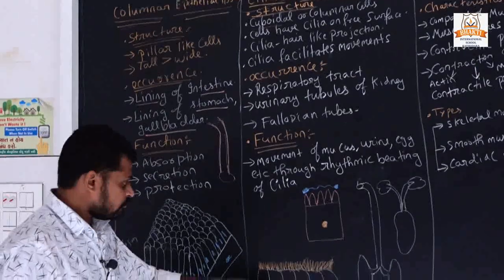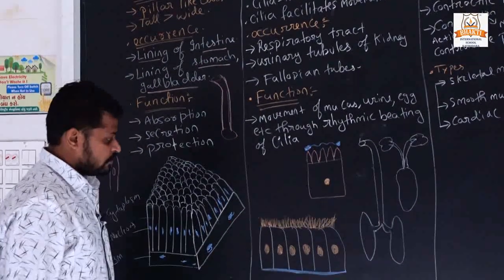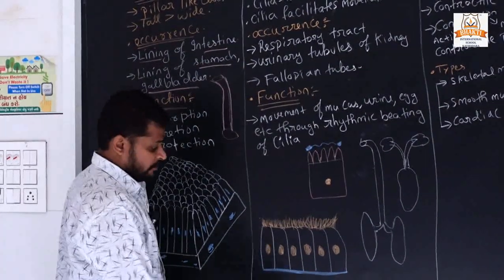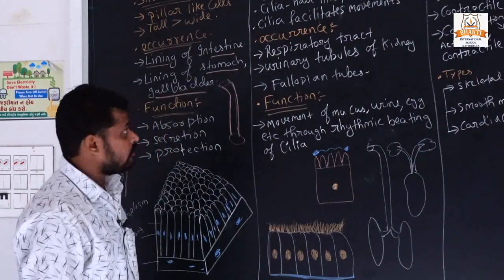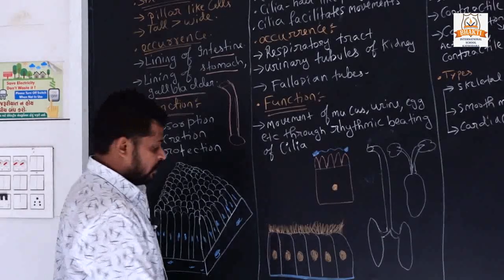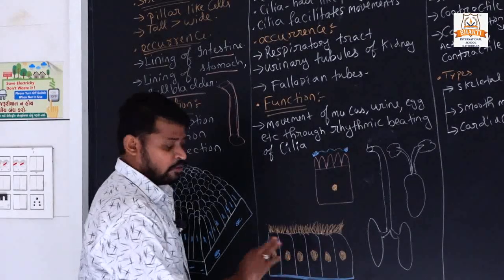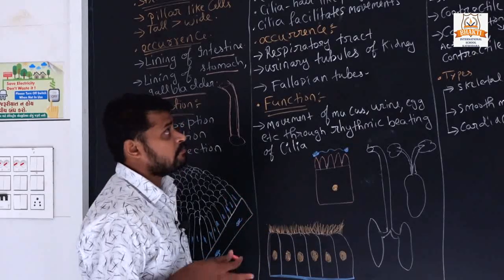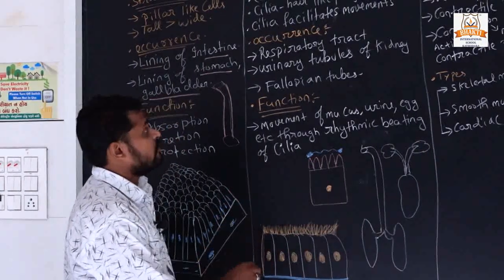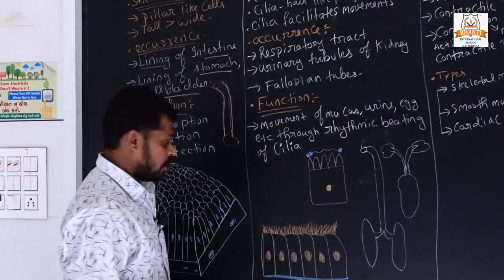This is ciliated epithelial tissue. Why are we calling it ciliated? This is a cell in the form of a column or cuboidal. They have both types of structure. It can be columnar and it can also be cuboidal.